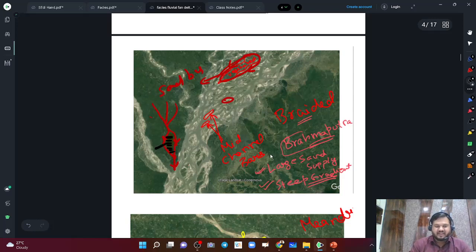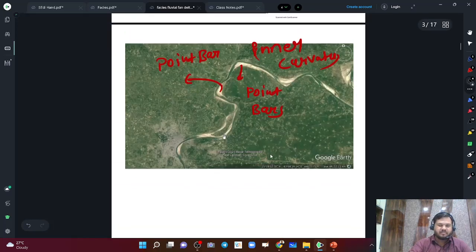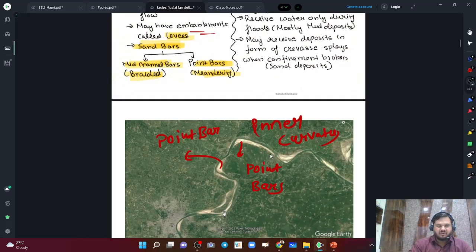So we call this mid channel deposits, right? All these in between, they could be vegetated. If you have planted, done afforestation, this is vegetated, right? So this is Brahmaputra. So what is the difference between a meandering channel and a braided channel, right?